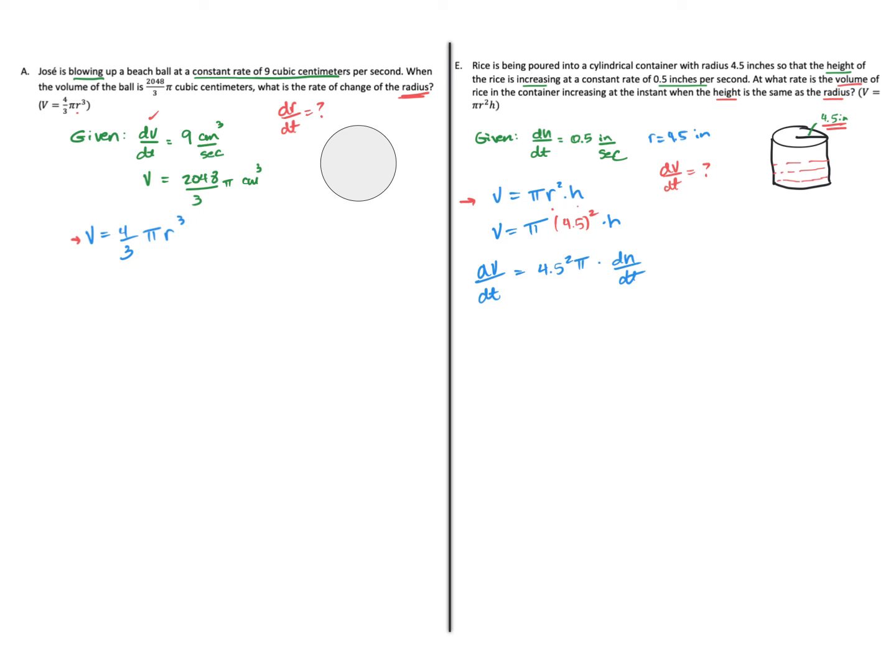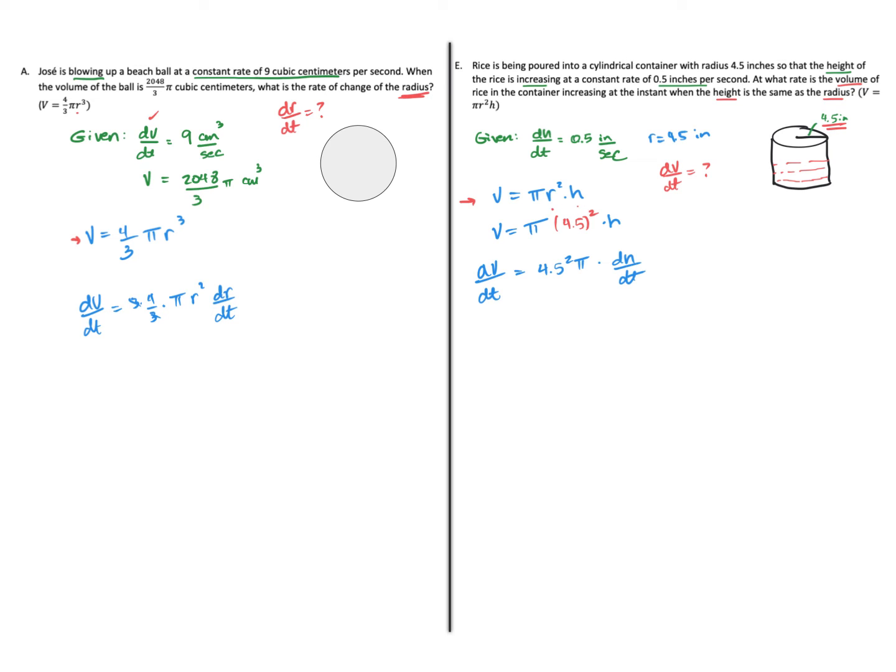On this side, same thing, dv over dt equals, and when I differentiate this, I multiply by 3, so it's 3 times 4 over 3 times pi r squared dr over dt. Anything that's a variable has to get the dr over dt, dv over dt, and at this point I can then go plug things in.